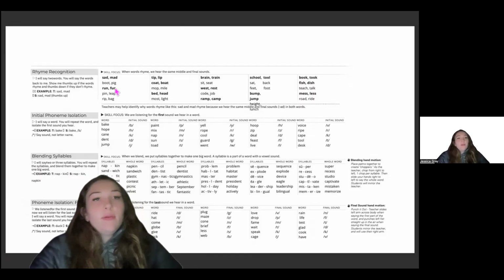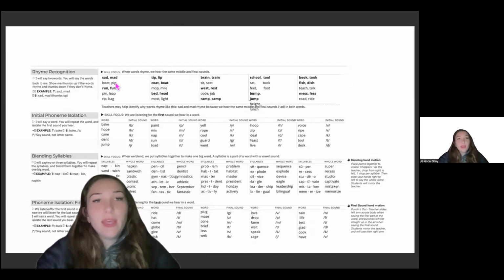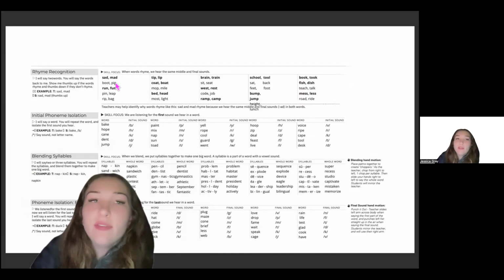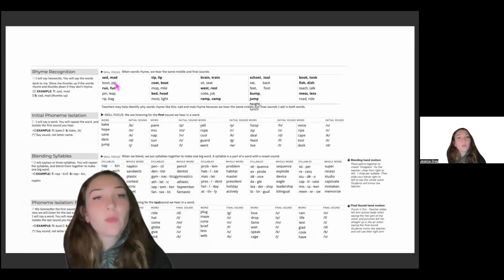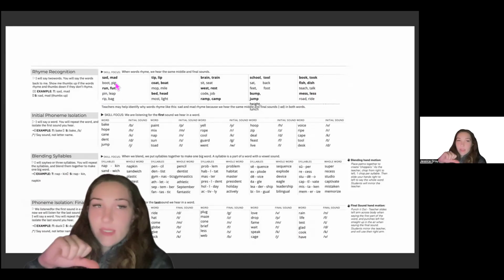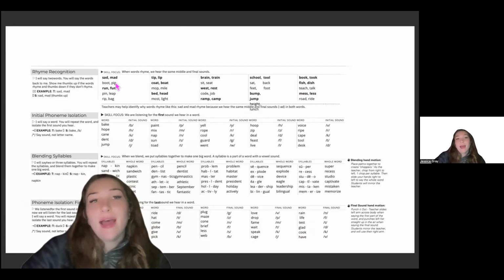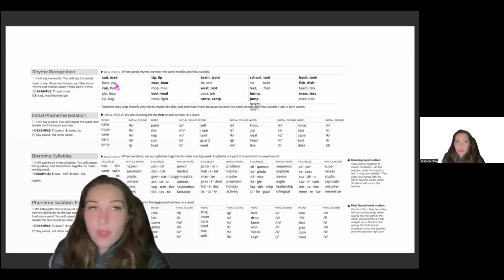So then I would say boot, pig, they would be thumbs down; run, fun, they would be thumbs up; pin and leap, thumbs down; rip and bag, thumbs down as well.